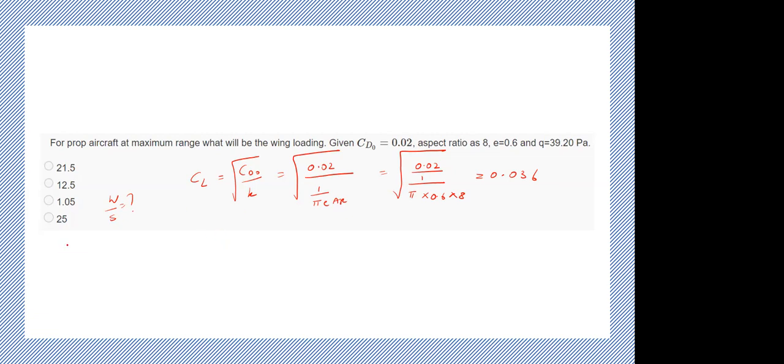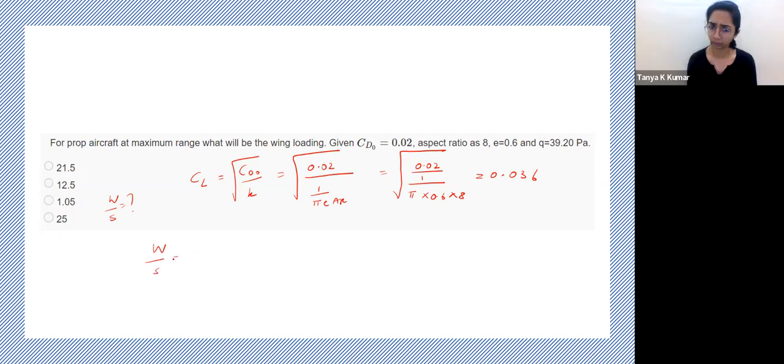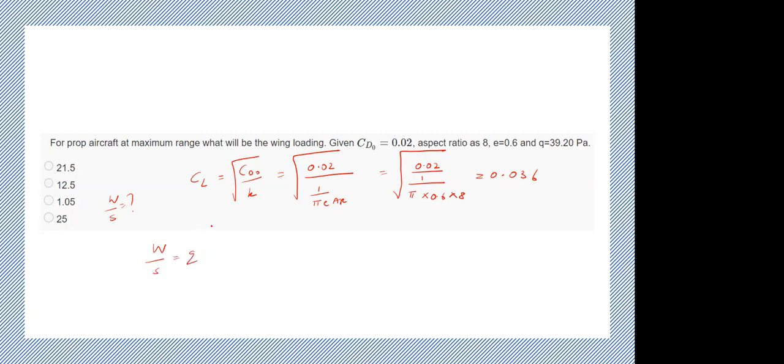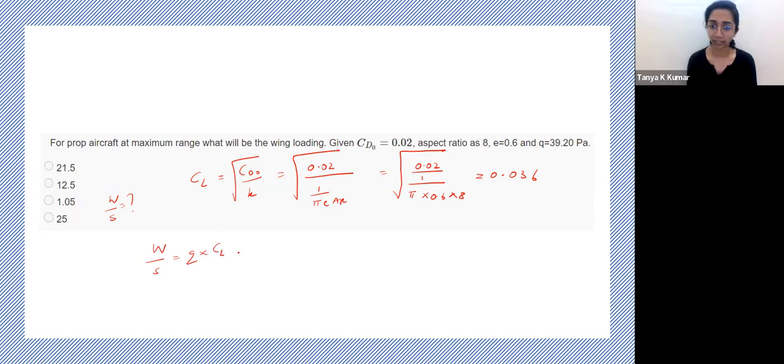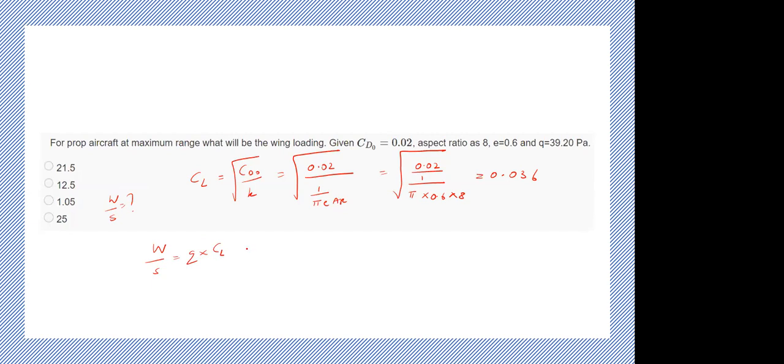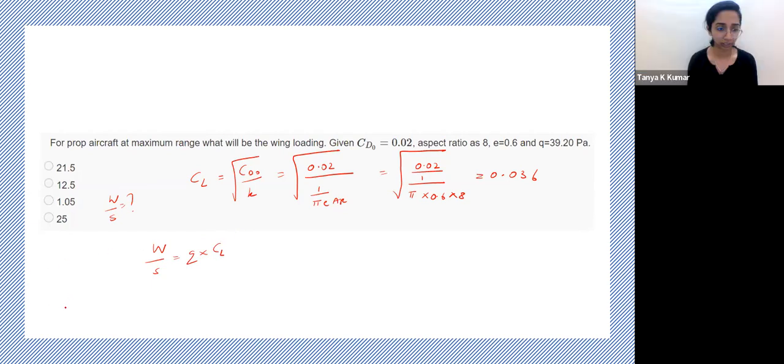We know the Q. So W by S will be equal to Q into CL. Yes, CL. So how did we come to this equation?